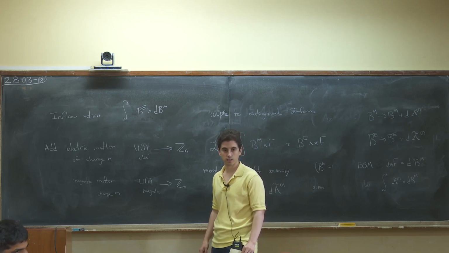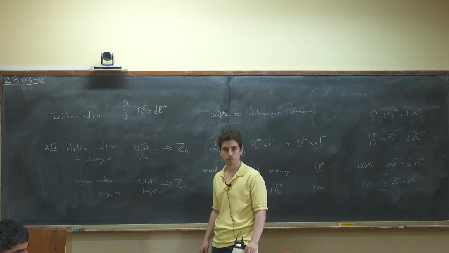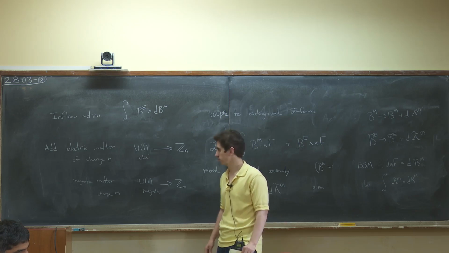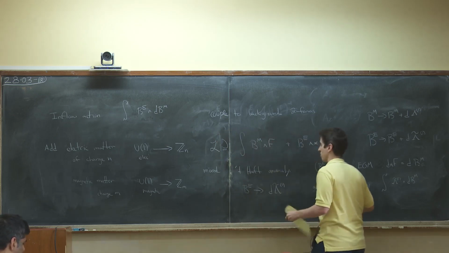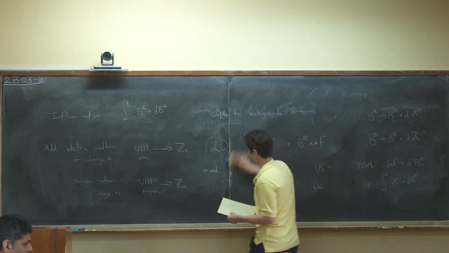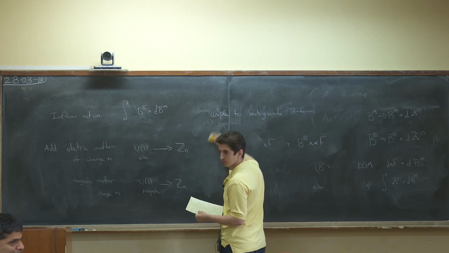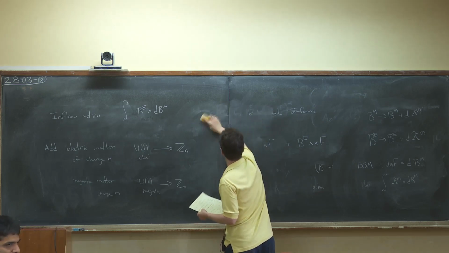Because those also have Wilson lines, the dynamical Wilson lines that break that symmetry. Yeah, like dynamical symmetries.